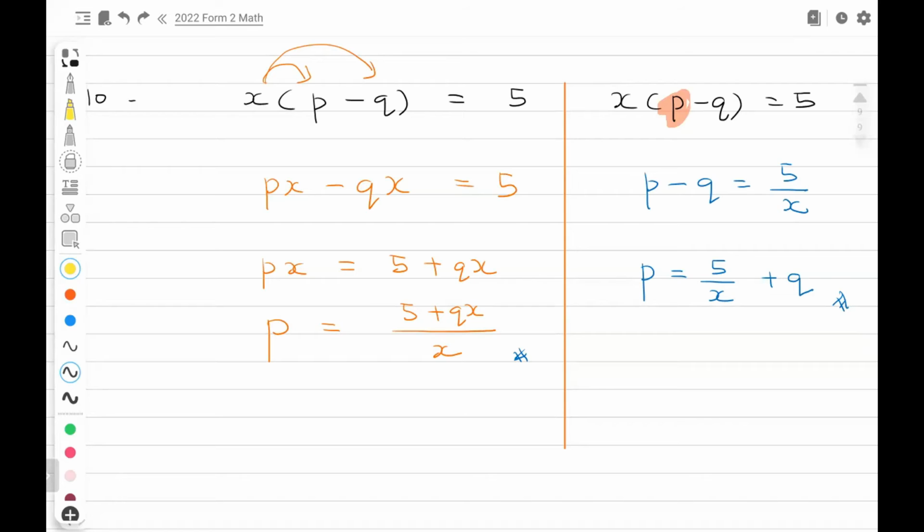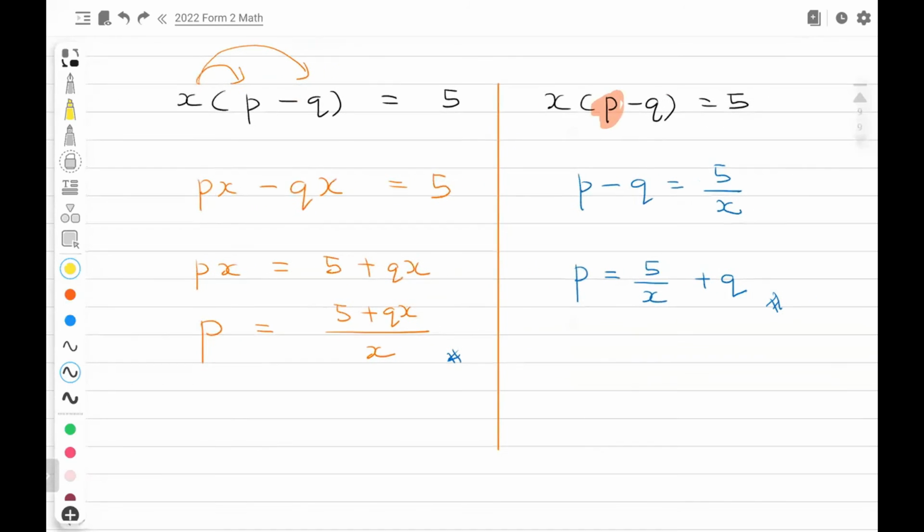If you are switching, then yes, it applies to the example there. Which method is easier? Whichever method you think you understand, that will be your best method. No matter what, I think your school teacher will have different methods for you also. For me, it doesn't matter because both are easy for me.